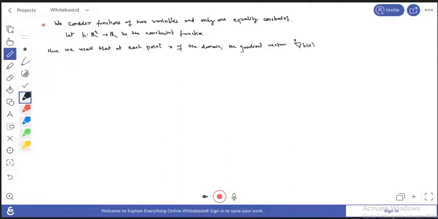Okay. So to know this, if h(x) is any surface, then the gradient is normal to that surface h(x). Okay. So this gradient vector of h(x) is basically orthogonal to the level set that passes through that point.